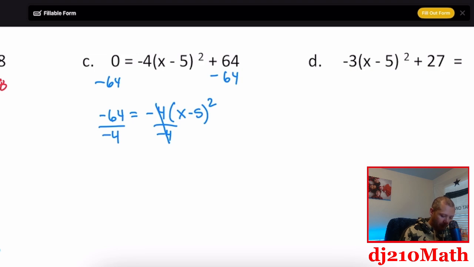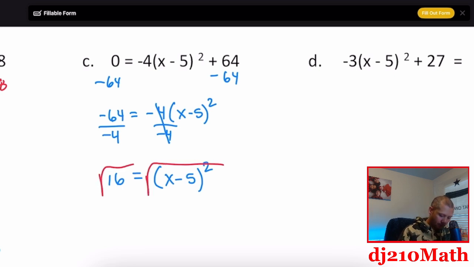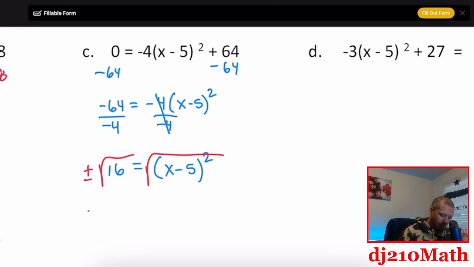So it's going to be 16 equals (x minus 5) squared. Now we take a square root. So we have plus or minus the square root of 16. That's a perfect square. So 4 equal to x minus 5.